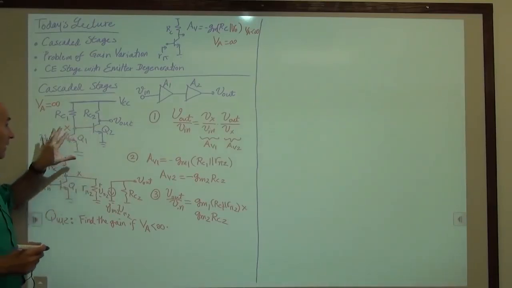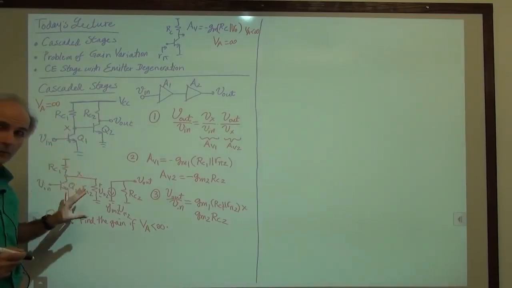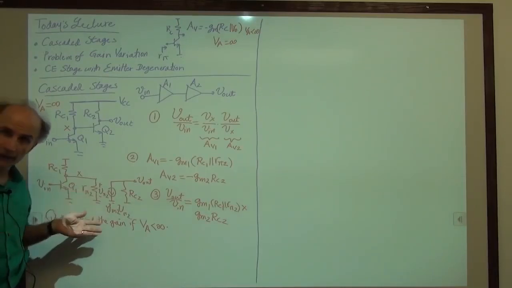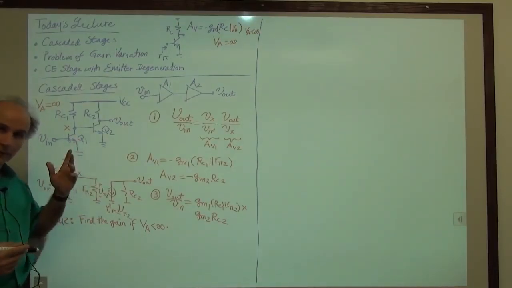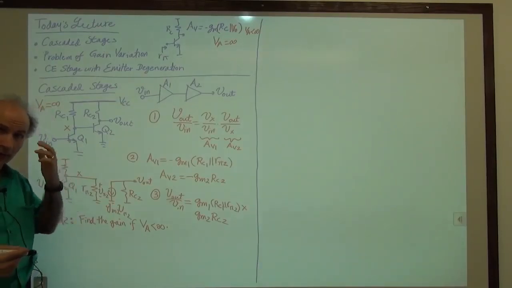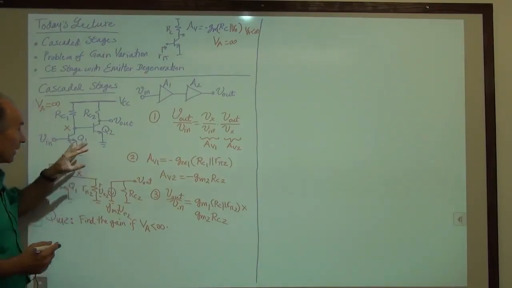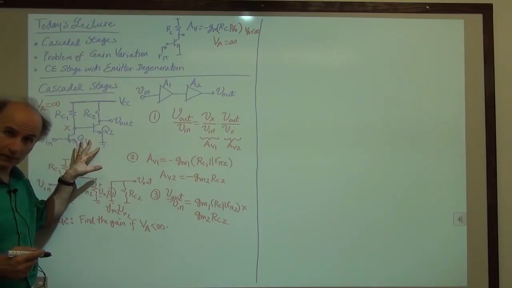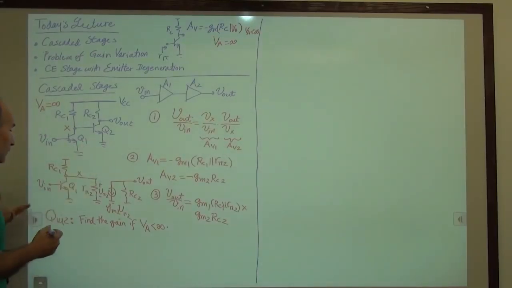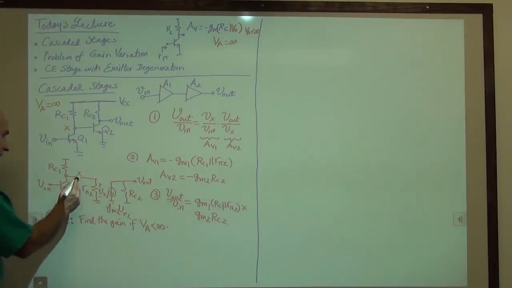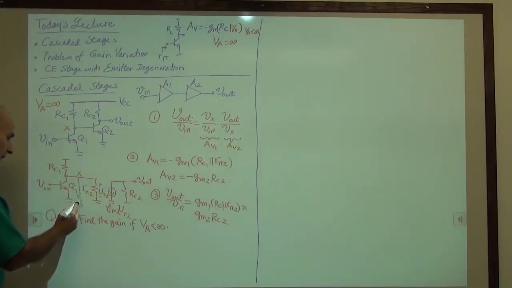You can draw it in the original schematic, you can draw it in the small signal schematic. It's not quite correct if you draw it here, but as long as you have a clear picture of what the circuit is about in mind, then it's not a problem. So I can draw RO1 here.